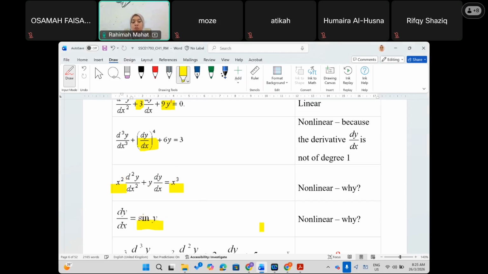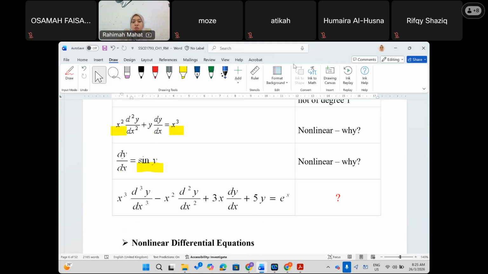And sine is also not linear. This is also non-linear because if you draw the graph of sine, it will be curved. Similar to this one, this is also non-linear. So you can identify which one is linear and which one is non-linear.